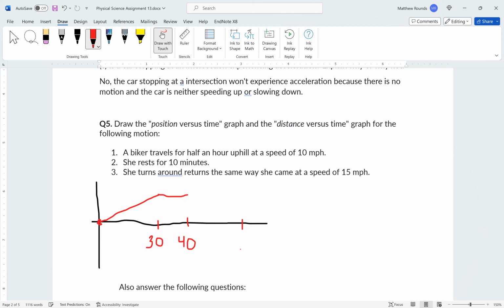So we'll say 60 here, 20 minutes later, they come back home. Something like that. So this is the position versus time. Is that okay? Yeah. They go away and then they stay and then they come back. So these endpoints represent like home.